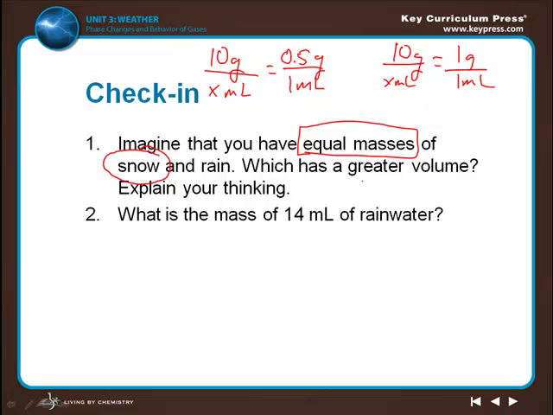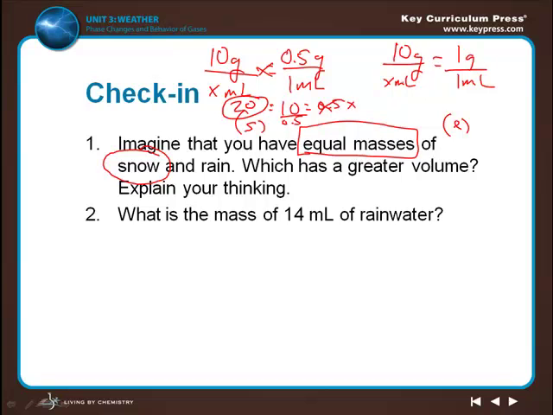So is there an equal amount of volume because they're both the same chemical substance? Well, these are two different physical forms. This is snow, which is a solid, and this is water, which is a liquid. They do not have the same density, so if they have the same mass, we cross multiply: 10 equals 0.5 times x. 10 divided by 0.5 equals 20 milliliters.